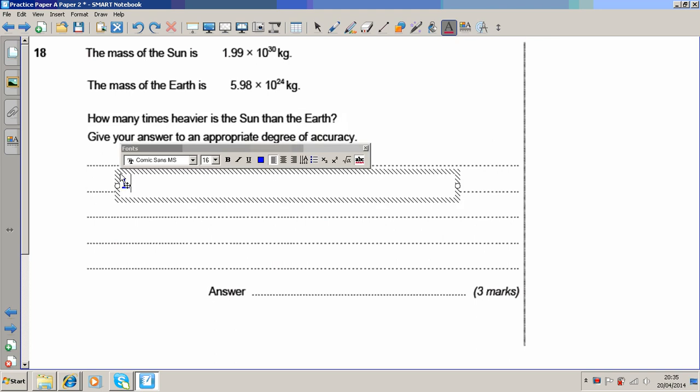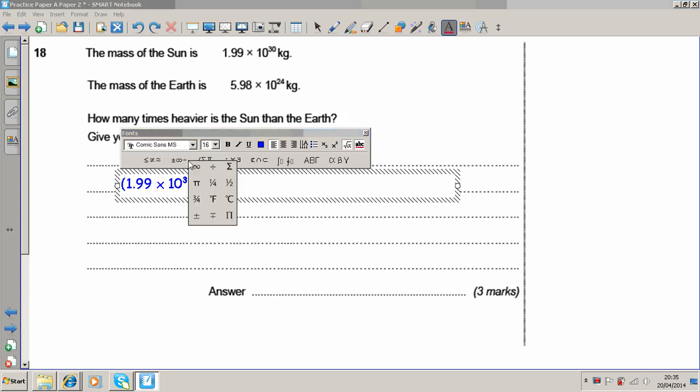So it's going to be 1.99 times 10 to the power of 30, divided by the mass of the Earth, which is 5.98 times 10 to the 24.